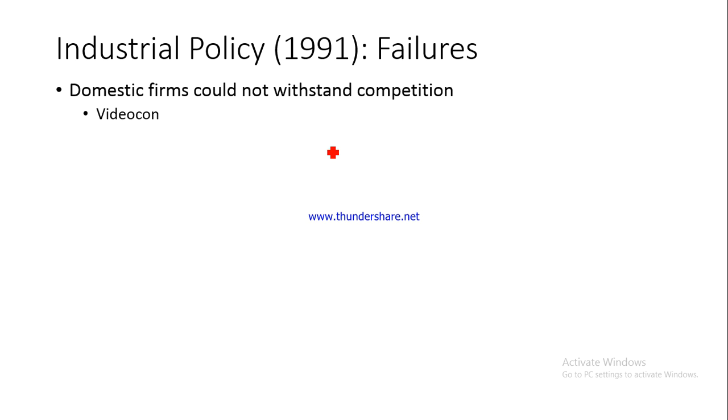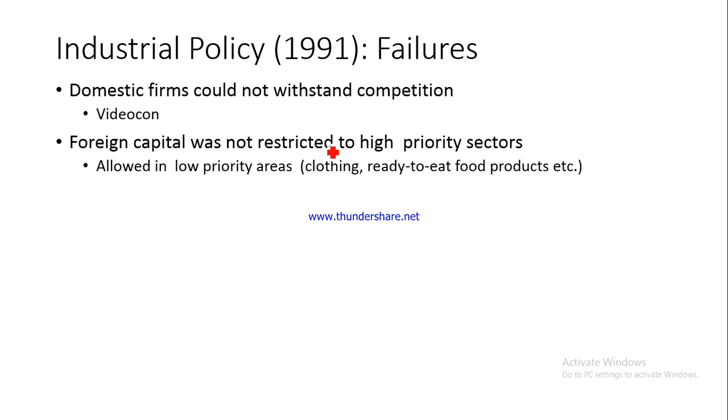Some of the indigenous domestic homegrown businesses simply could not withstand the competition from foreign market players. Then there was one more issue. Foreign capital was not restricted to just high priority sectors. If you recall, we had discussed that foreign investment in high priority sectors was allowed up to the extent of 51%, and this we have discussed in the last session also.